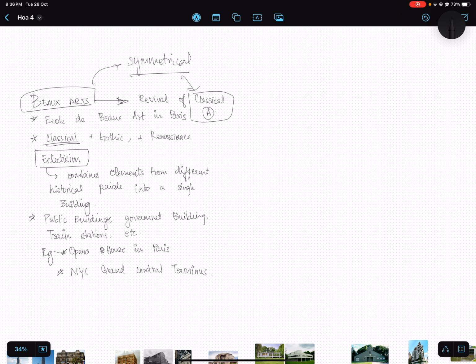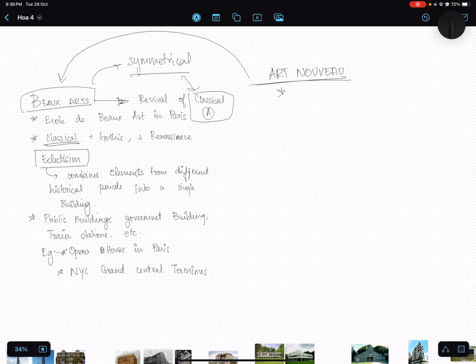Then came another architectural style, that is Art Nouveau. So this came as a rebellion against the historical revivalism. So they were against all this.